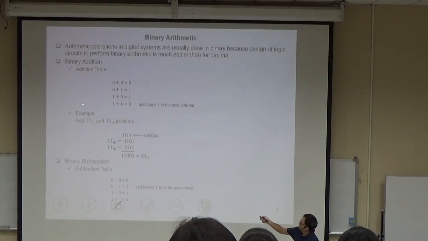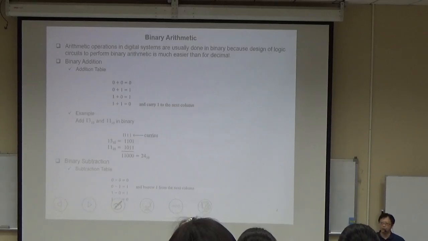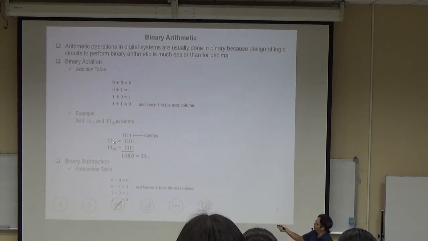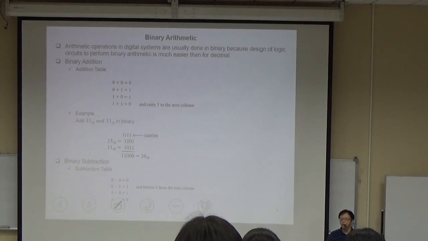Okay. For example, we have 30 in base 10 and 11 in base 10. In binary, how can we perform such an addition? For the 30 in base 10, we have this expression. How can we obtain this expression?